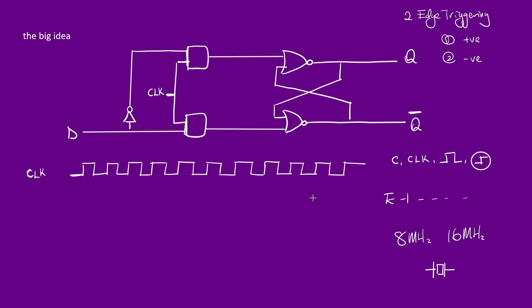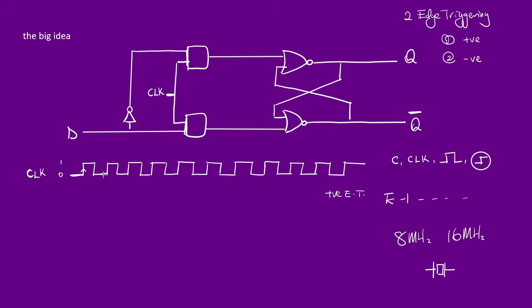Positive edge triggering. So let's see. This is a logic 0, and this high part is a logic 1. So this transition over here, going from a 0 to 1, is a positive edge trigger. Is a positive edge. Okay? It's high for this period. Going from 1 to 0 is the negative edge, a falling edge.